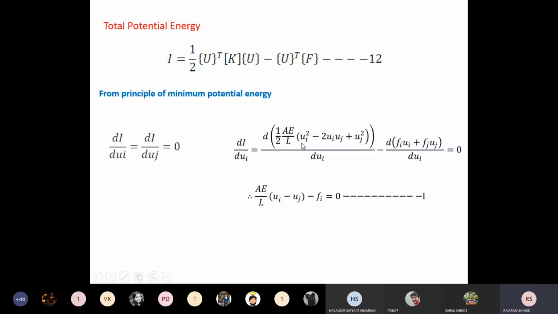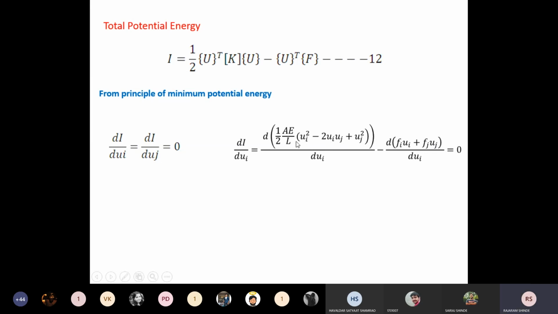Now what is the derivative of this one when we differentiate this term with respect to ui? Can anyone tell? I have already written here. Half AE by L is a constant term. Am I right? The derivative of ui square with respect to ui is 2ui, and the derivative of 2uiuj with respect to ui is 2uj.